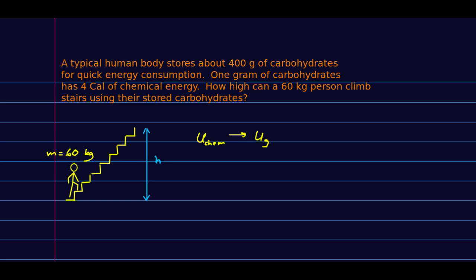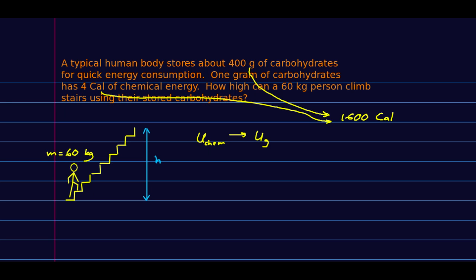So first of all, let's just work out how much energy we have to work with. We've got 400 grams of carbohydrates, and each gram gives us 4 calories. So that's 1,600 calories.